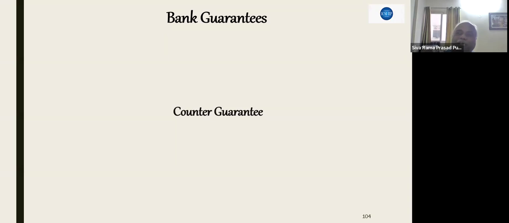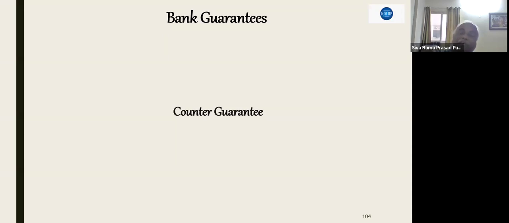That is called a counter guarantee. For that particular guarantee, if any corporate guarantee or directors' guarantee is given, then it is called a counter guarantee. They have given a margin of 50%, the remaining 50% is unsecured.